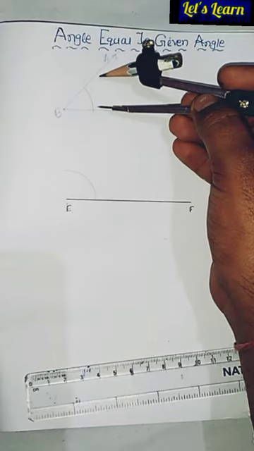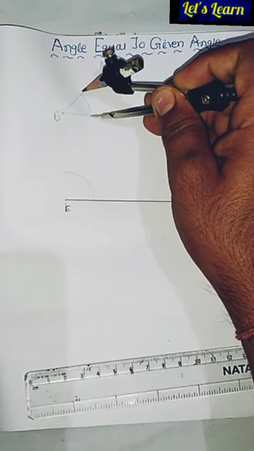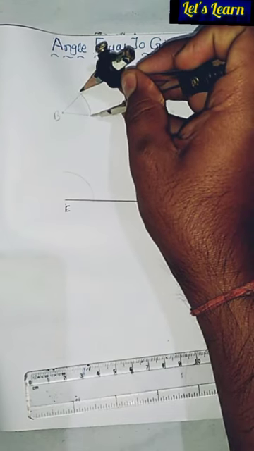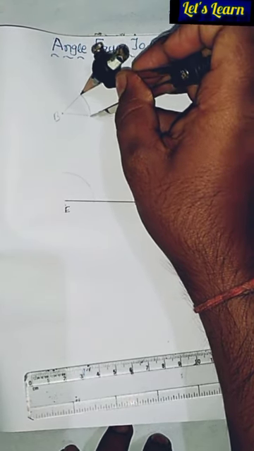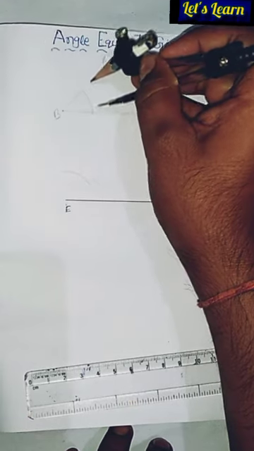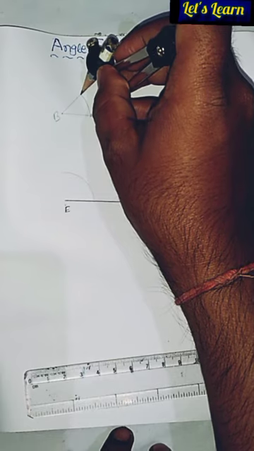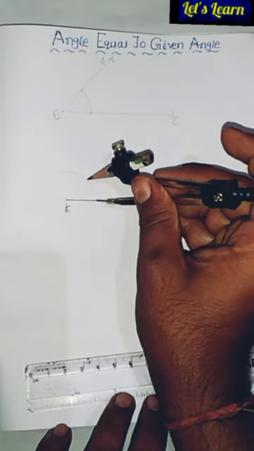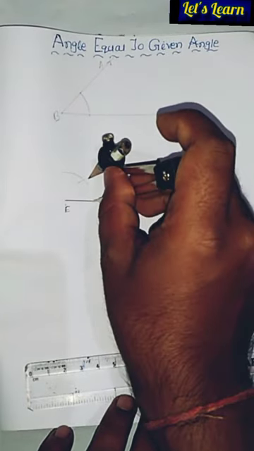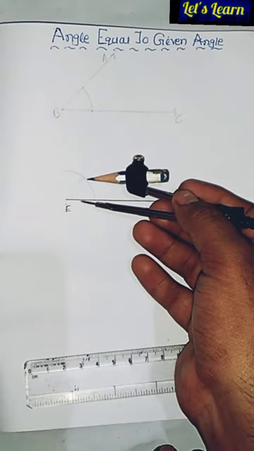Now, measure this arc length. Here we have this arc length. Put it here and cut the arc. Now we have a point.